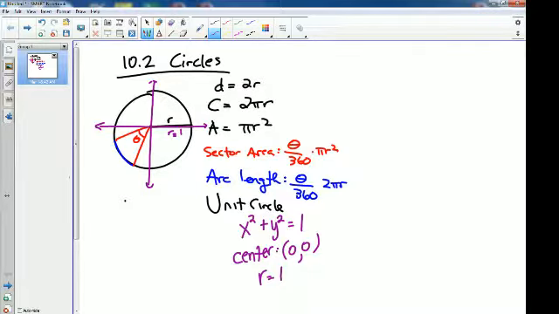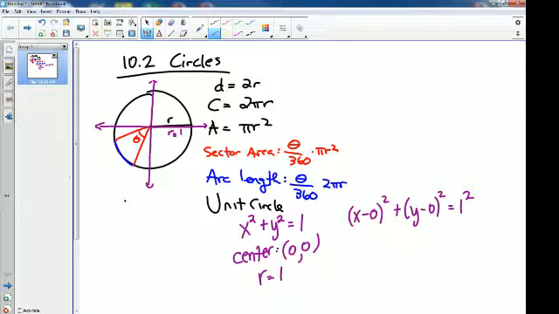If I'm gonna write this in the format that we're gonna study, here's the same equation. What does this tell us?